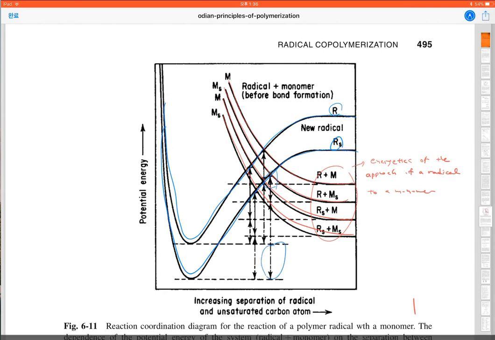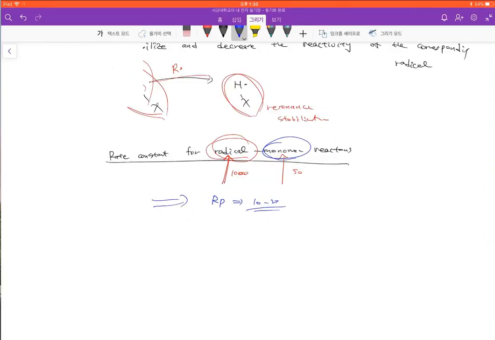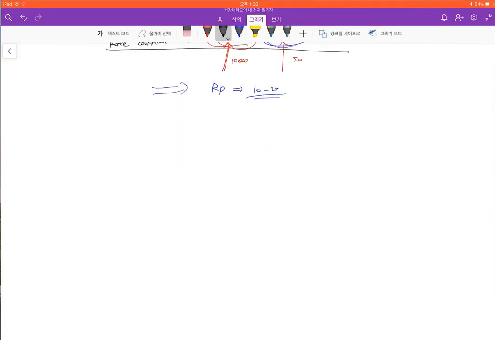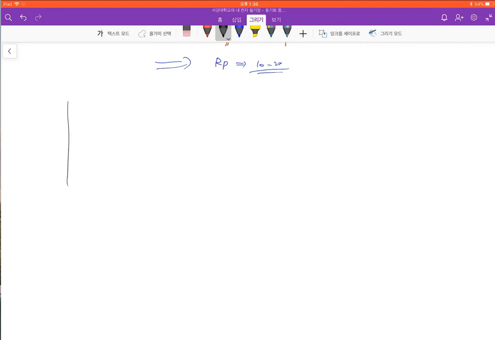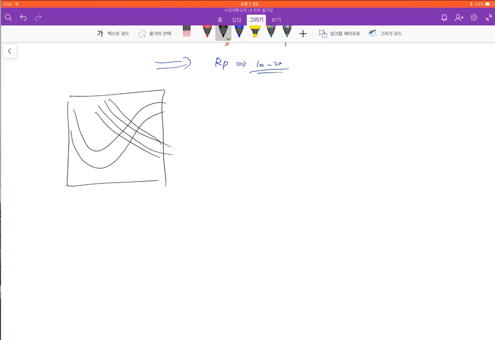Two different radicals here. They show different values of, for example, enthalpy change or activation energy. Let's go back to the textbook here. If you recall, the overall energy diagram looked like this. There are four of these kinds of lines and this kind of line.